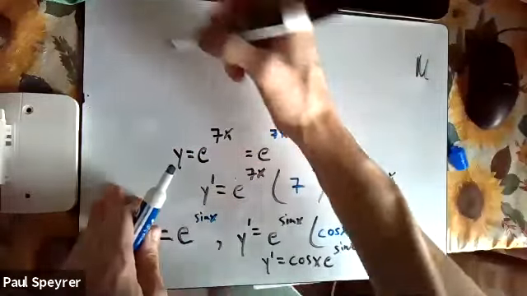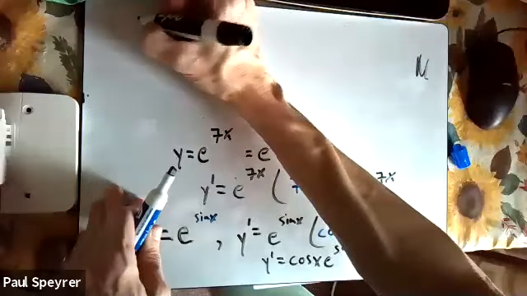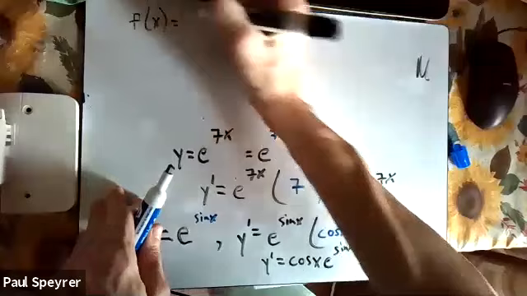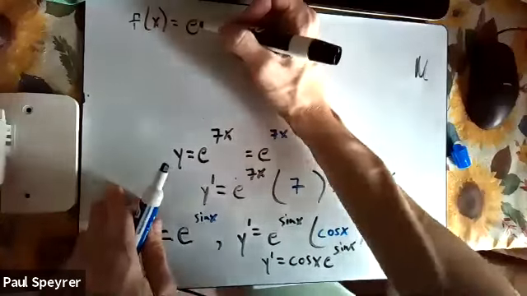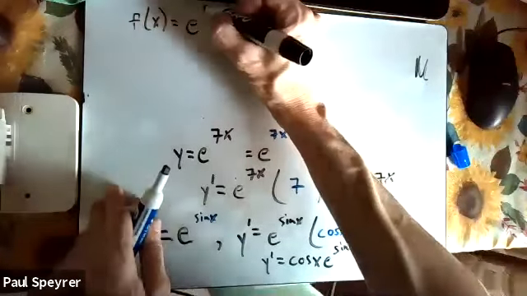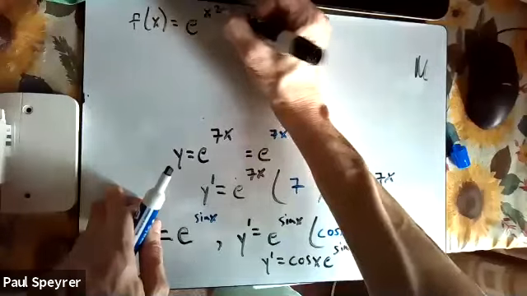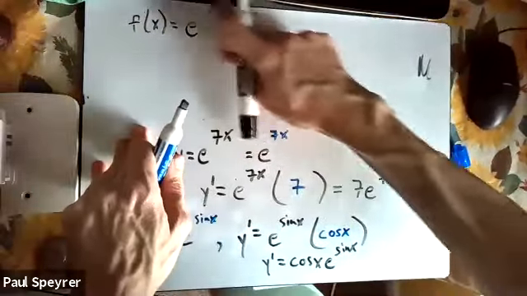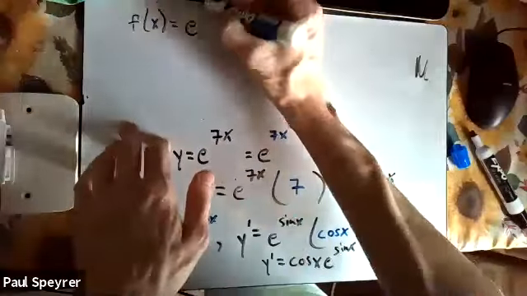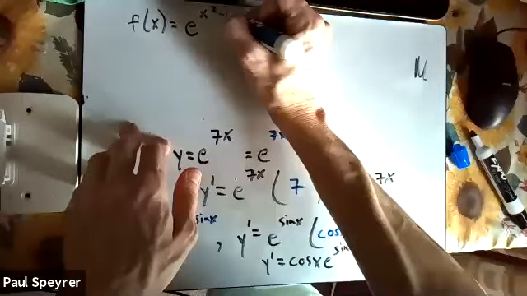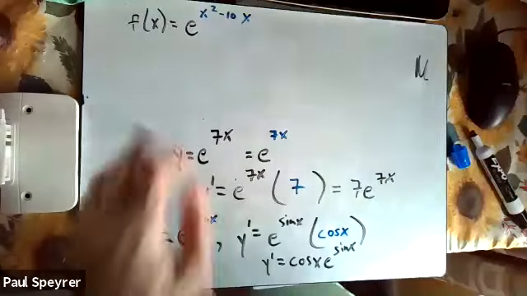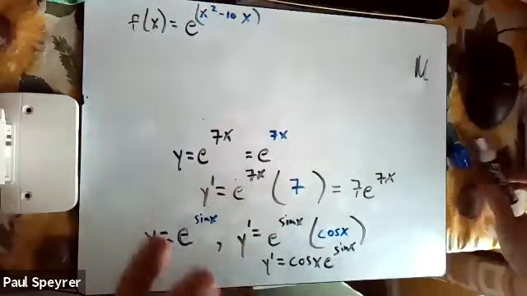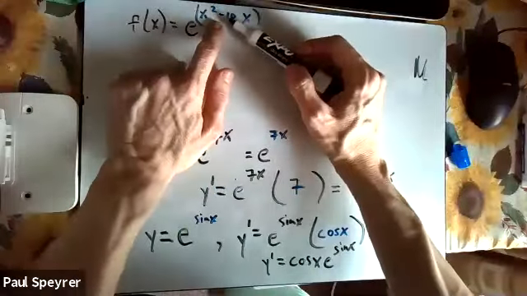What about if we had, say, f of x equals e to the x squared minus 10x? Same thing. You don't care what this exponential part is.